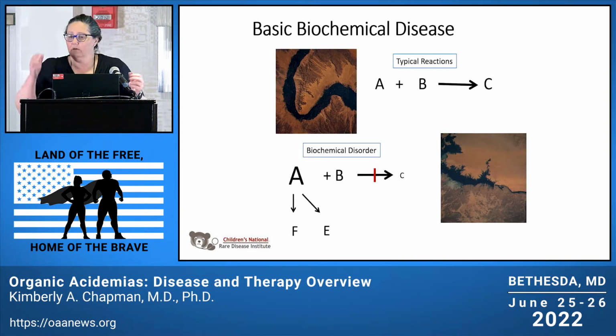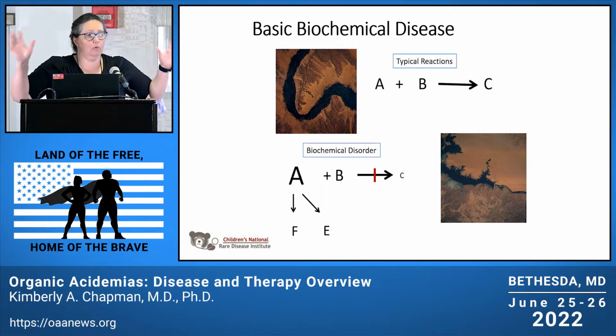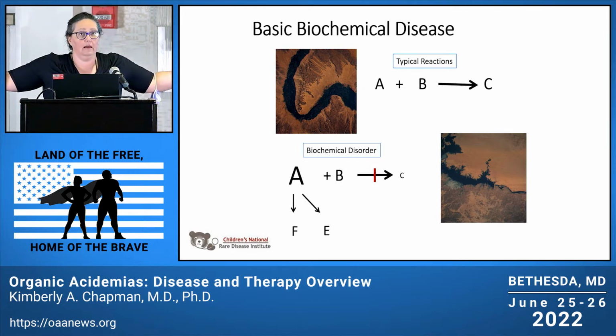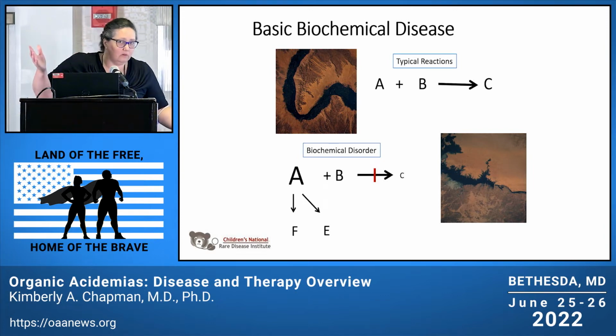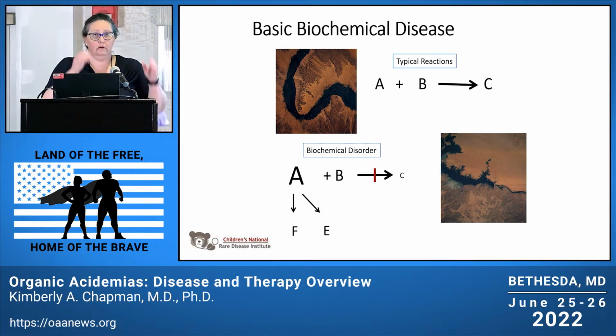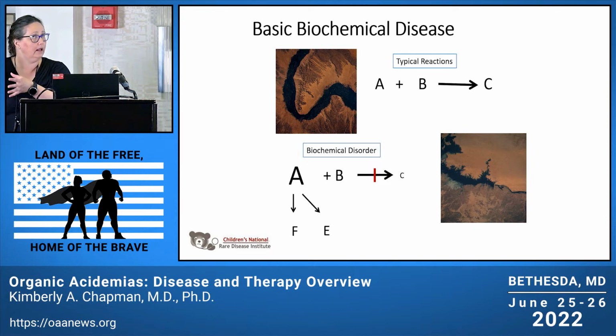Now, I like when I talk about therapy to start out by saying, I want you to think of whatever disorder you have as a dam in a river. Why do I say that? Well, when we think about basic biochemistry, and we all remember this maybe from high school chemistry, we have these things, A plus B will lead to product C, right?